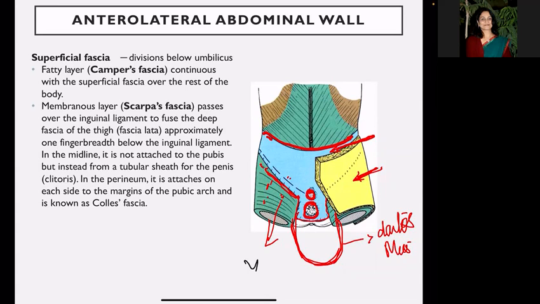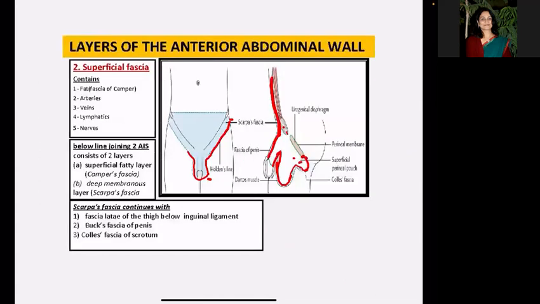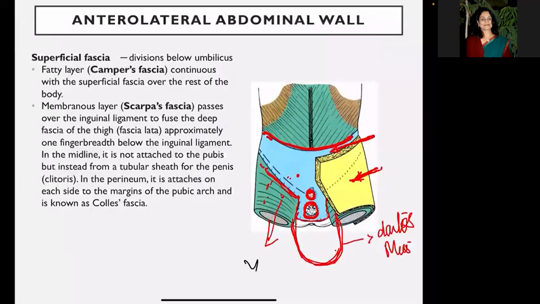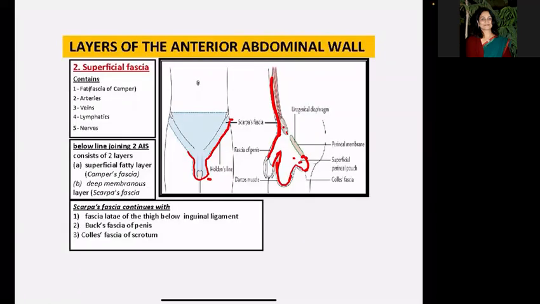Although this fatty layer is not present as such around the penis and scrotum, as in the scrotum it is replaced by dartos muscle, this membranous layer is continuous with the fascia of the penis, called Buck's fascia, and the fascia of the scrotum, called Colles fascia, or the fascia of the perineum.